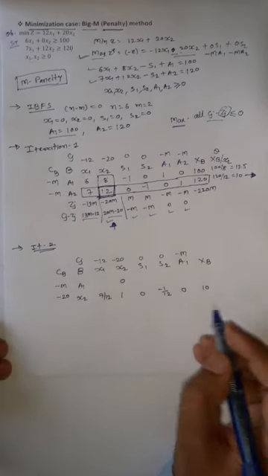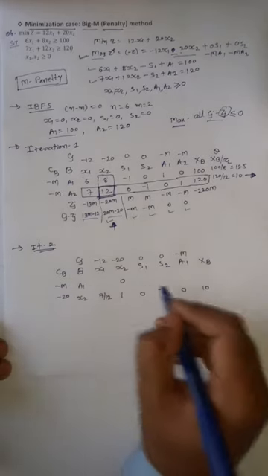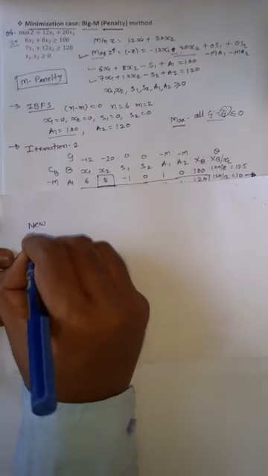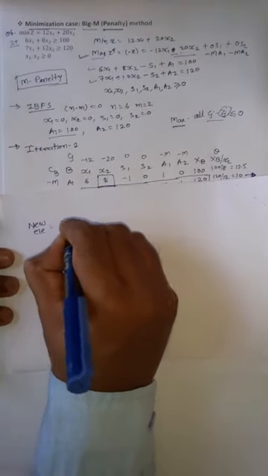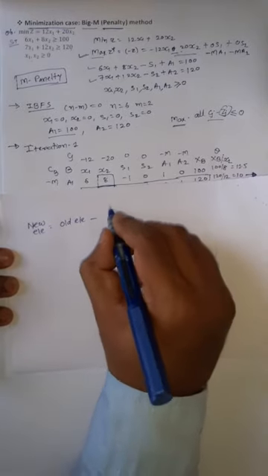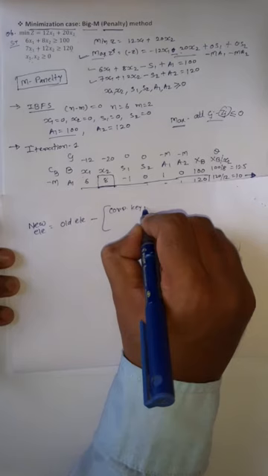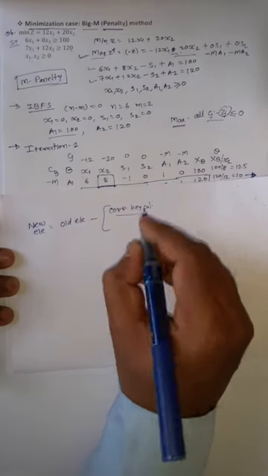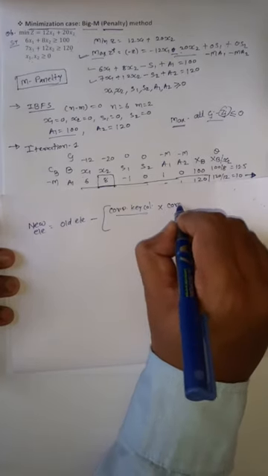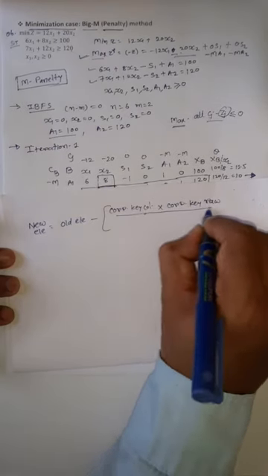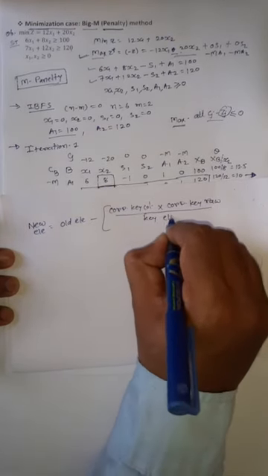Now for all the remaining elements, here there are very few elements, we had used the equation: new element equals old element minus corresponding key column element multiplied by corresponding key row element divided by key element.